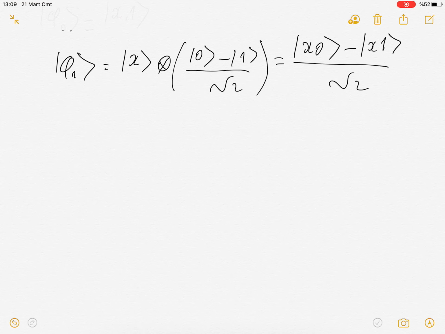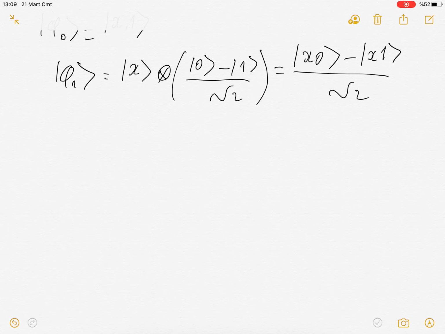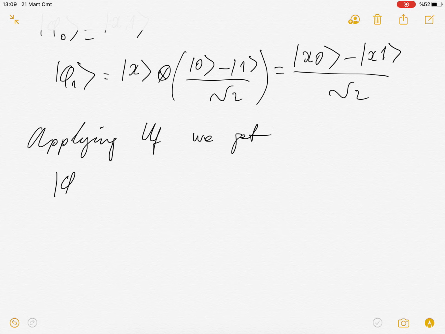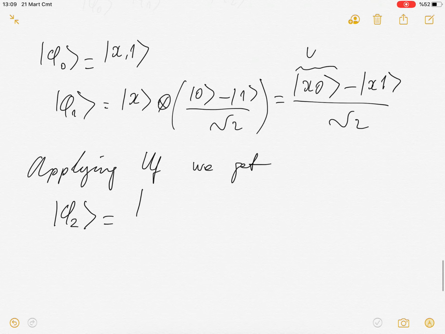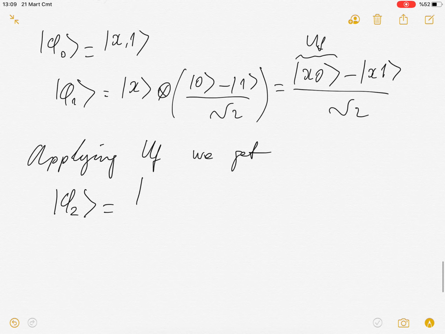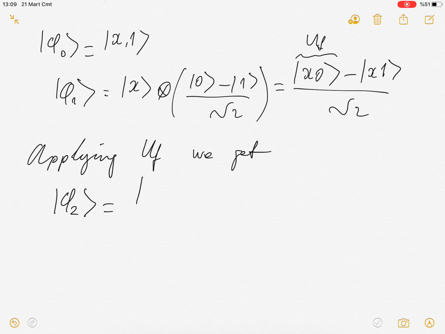Now we apply UF to the state. Again, by linearity, phi 2 will be equal to, let's take a look at the first component here. If we apply UF here, the first input to UF is x, the second input to UF is 0.